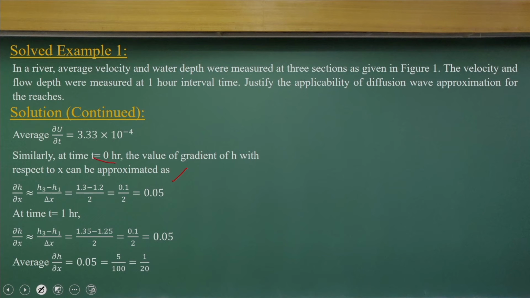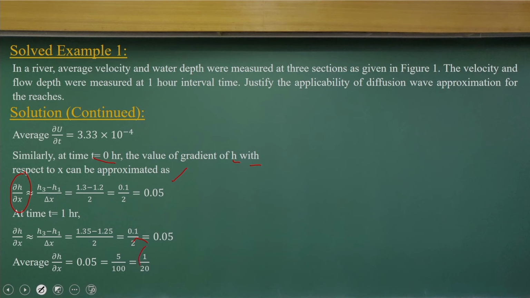Same way, we have the central differencing scheme to find the gradient of h with respect to x, that can be approximated as delta u here as well. It is a simple central differencing method to approximate the gradient.